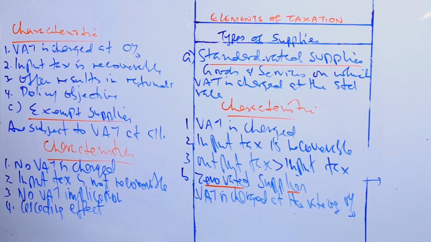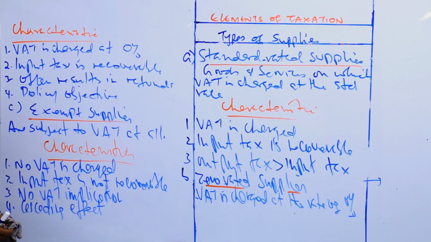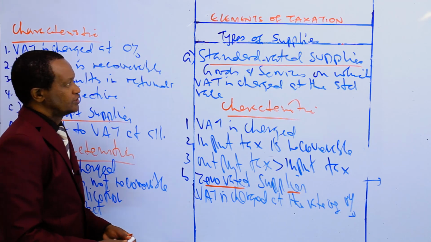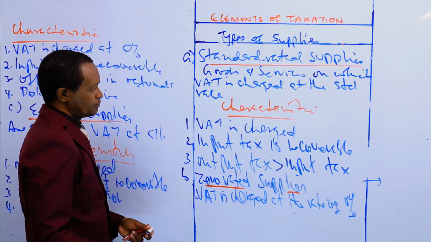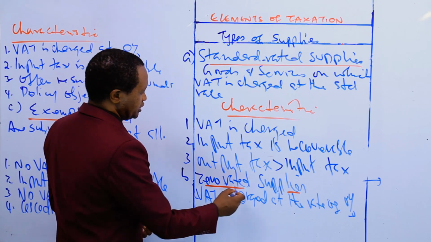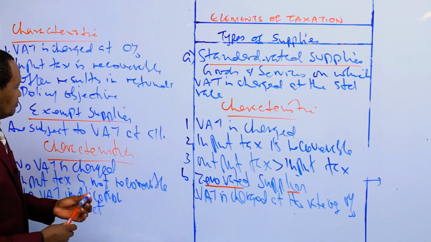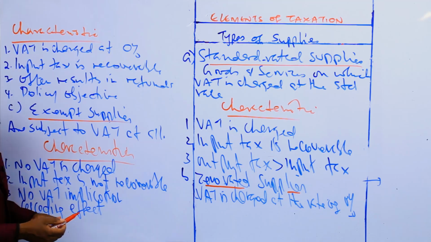So these are the three types of supplies for VAT purposes. Three types: number one, standard rated supplies; number two, zero rated supplies; number three, exempt supplies.